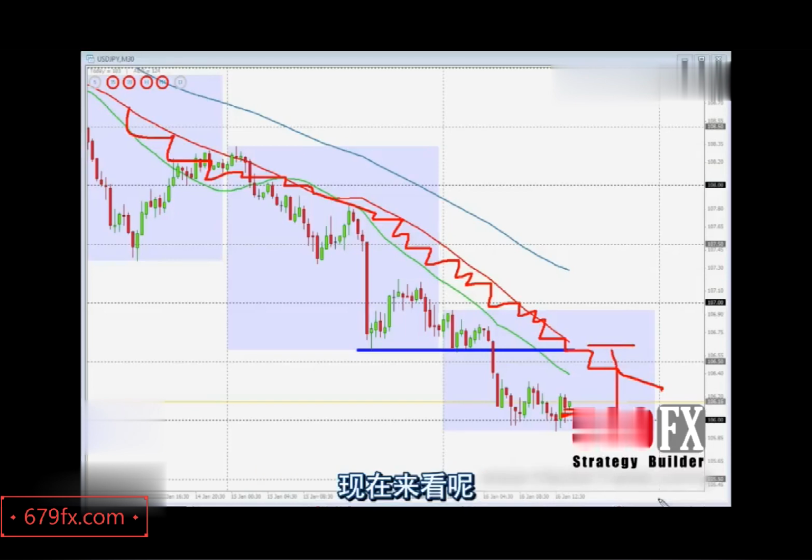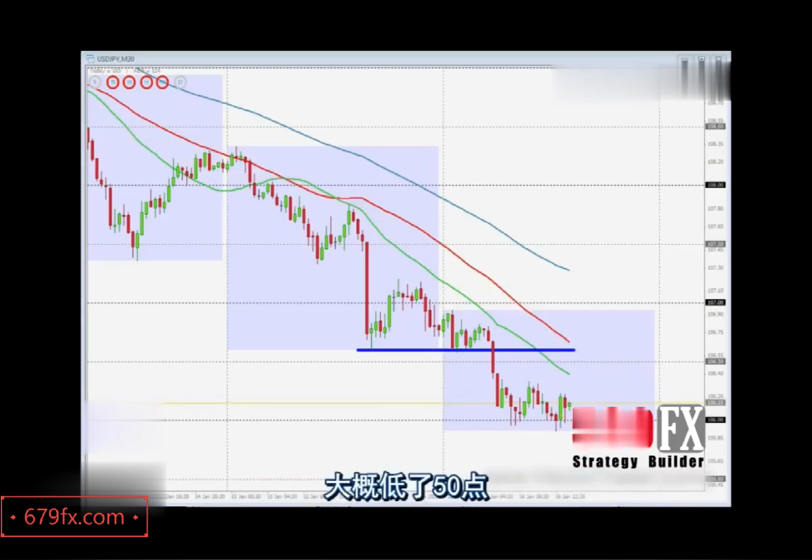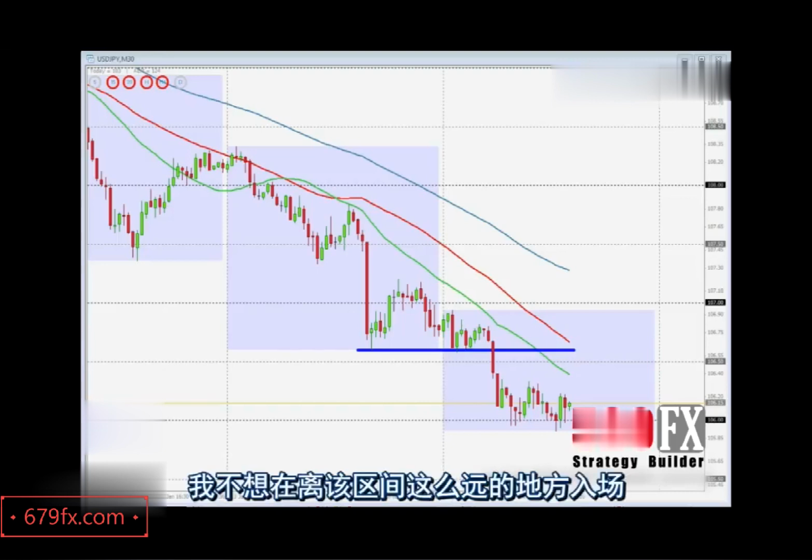And for the time being, right now, we're a little bit too far below. Okay, we're about 50 pips below the dynamic area. It's a little bit too far away, in my opinion. I don't want to enter trades that far away from that area.